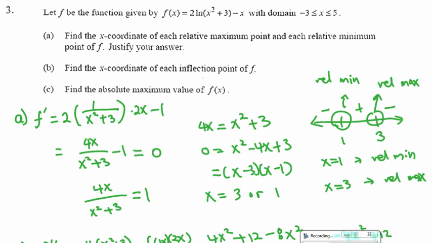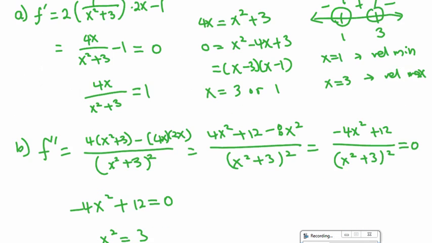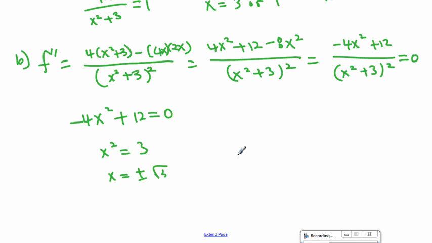Now, in fact, positive and negative radical 3 are both within the domain. And you can easily see that this can be negative radical 3 and this can be positive radical 3.